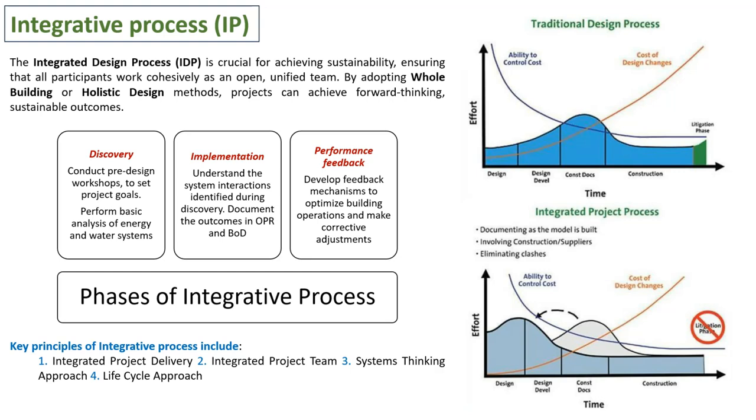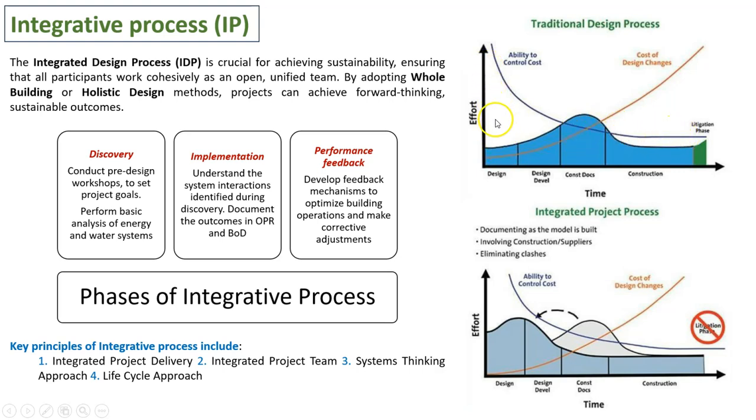If you see the design process in a traditional construction practice, this is how the curve goes. The quantum of effort you put over the timeline of the entire project, starting from the design level, construction level, and actual construction and utilization phase. The ability to control cost goes down as the construction proceeds.